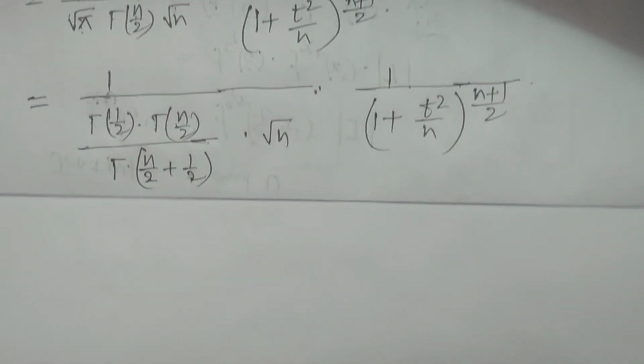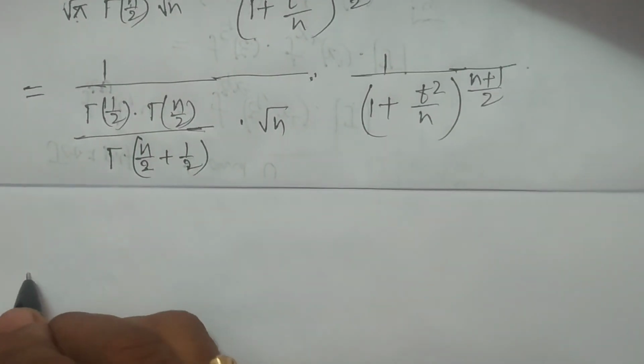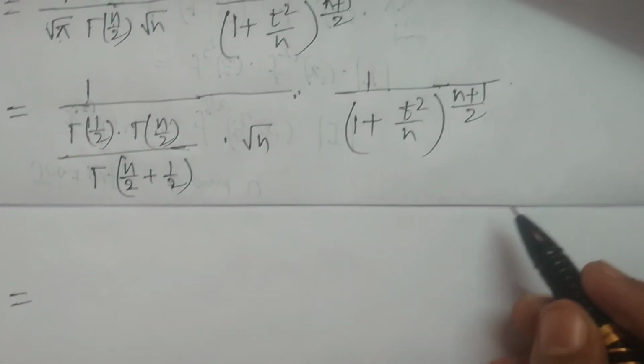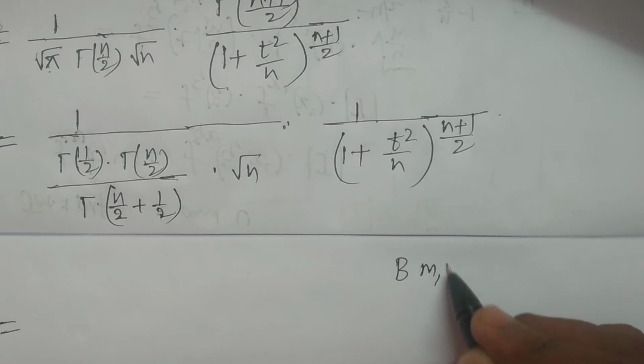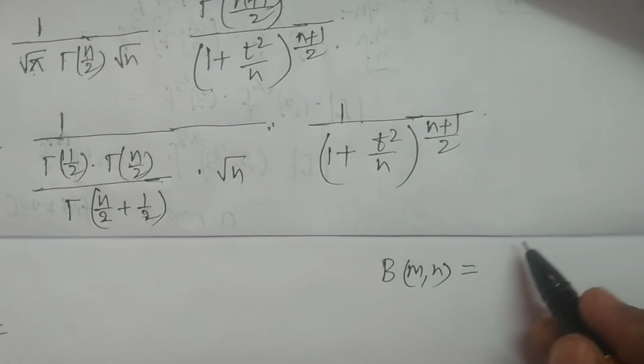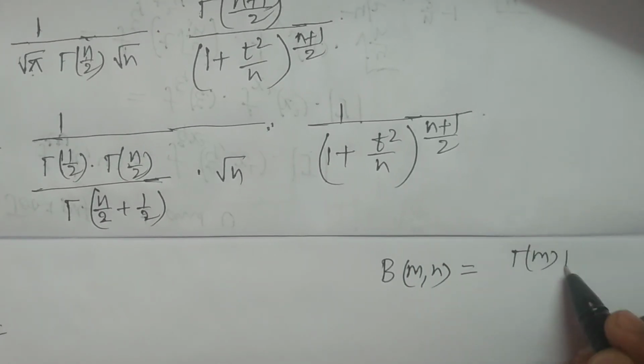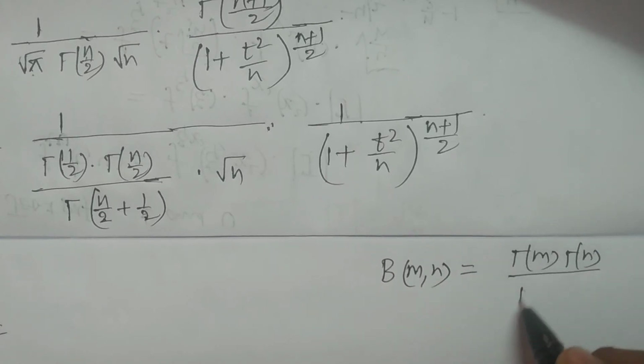Now further, I write one more important formula. Beta of m comma n is equal to gamma m gamma n divided by gamma of m plus n.